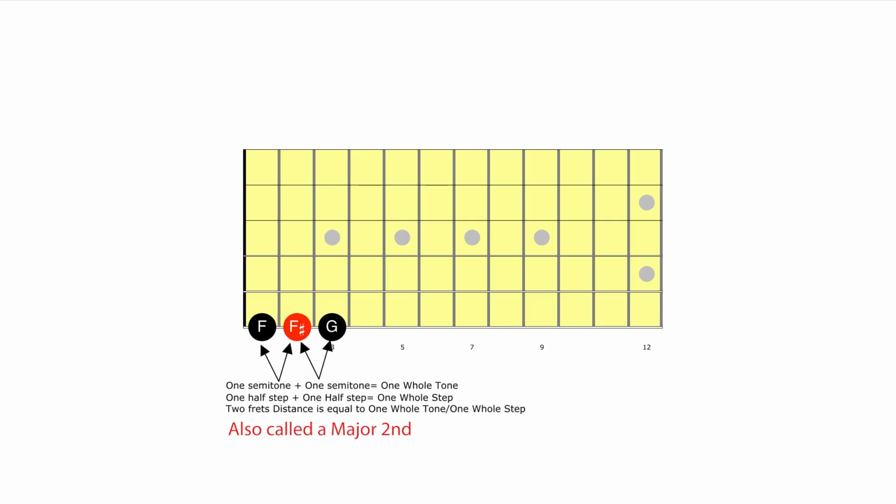You're scooting up from your first fret to your second fret, and then up to your third fret. So that's like two quick shifts. That's two semitones equals a whole tone, or two half steps equals a whole step. So it's something that you're going to see all the time throughout the rest of your musical journey, right?